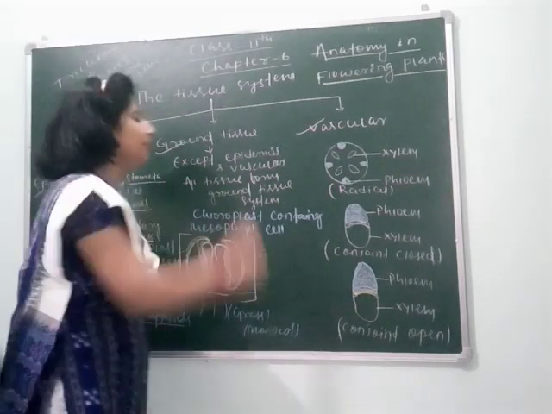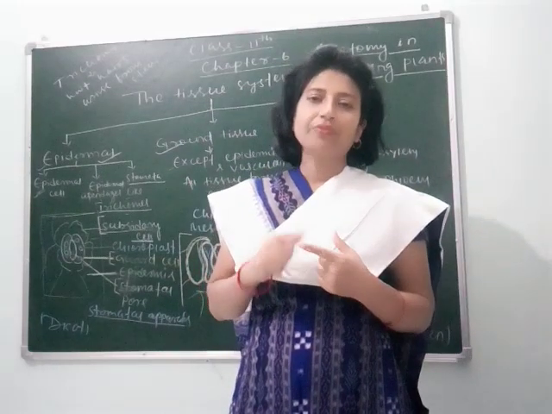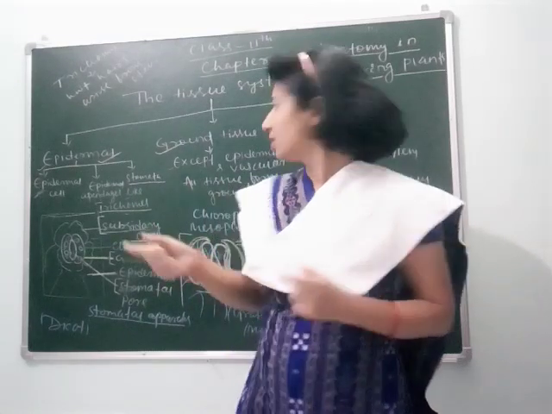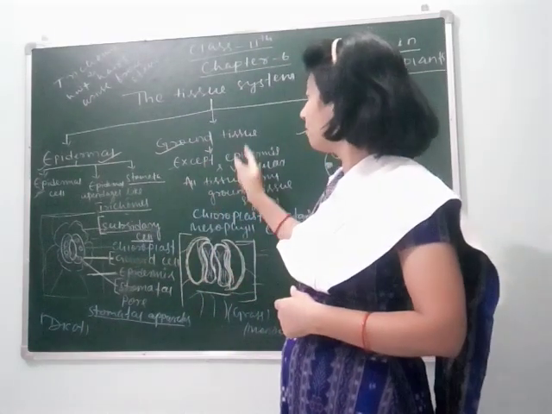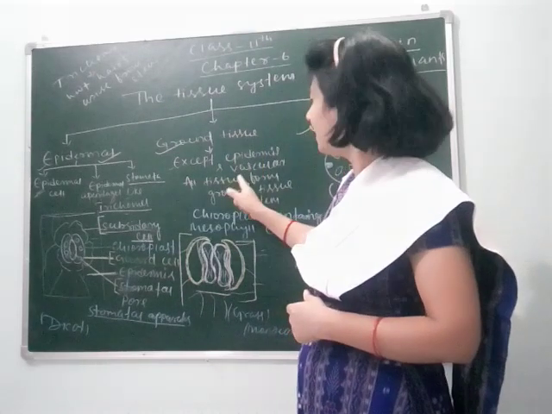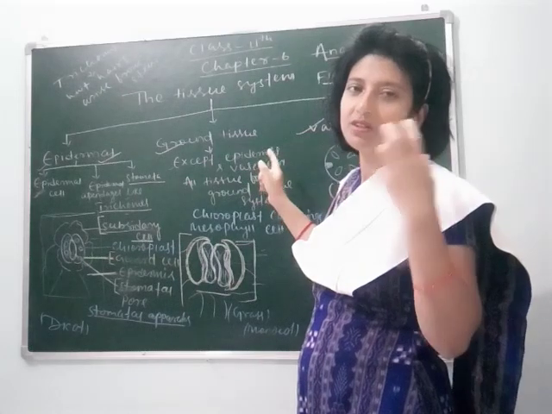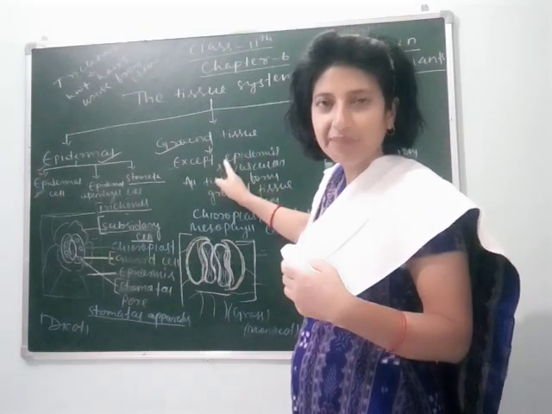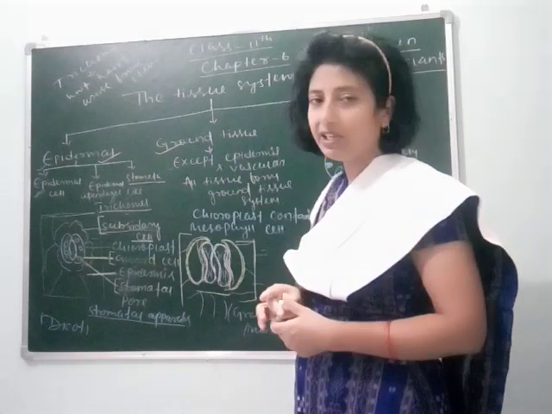Remember, except epidermis and vascular tissue, we know an organ consists of different types of tissue systems. So the ground tissue consists of the rest of the tissues together, except epidermal and vascular tissue. Clear?